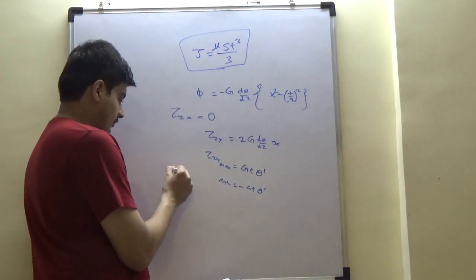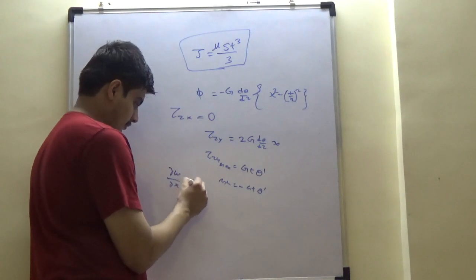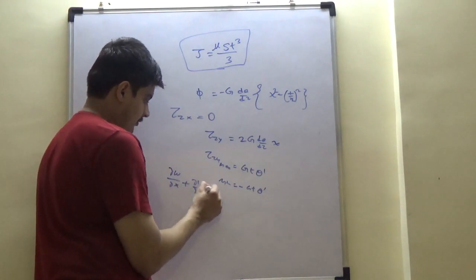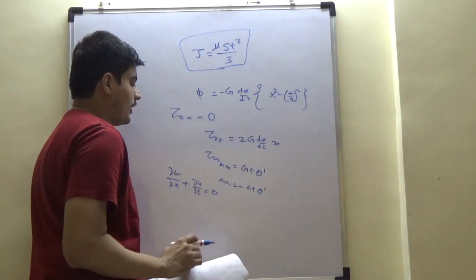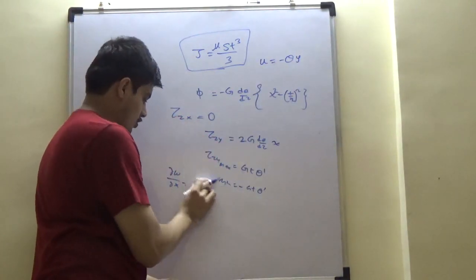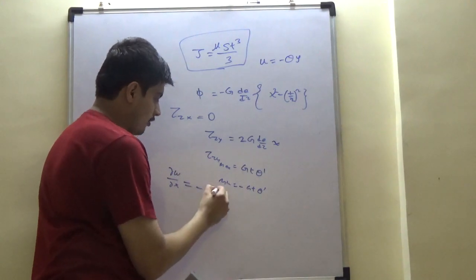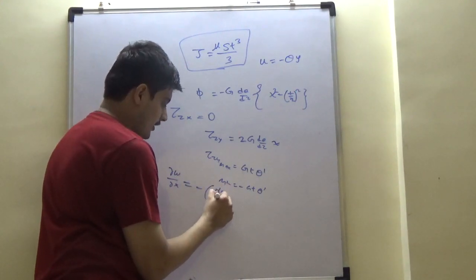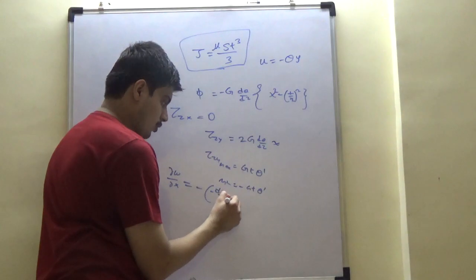Now, what is del w by del z? U was minus theta y. So this is minus of d theta by dz into y.